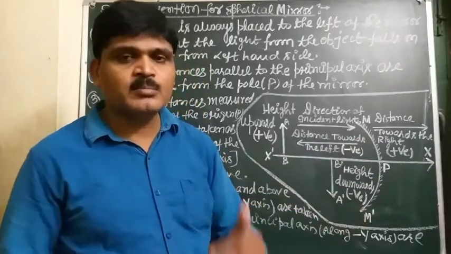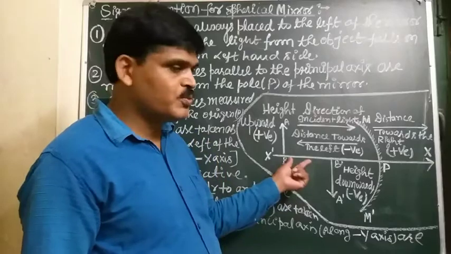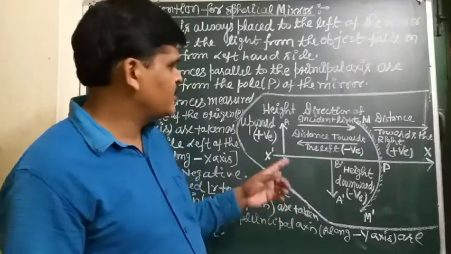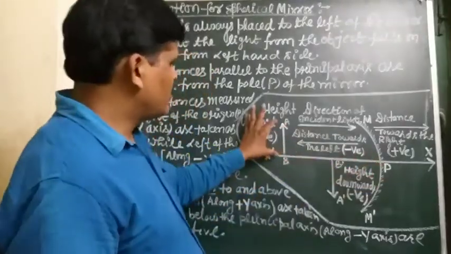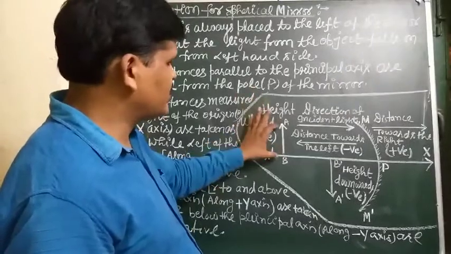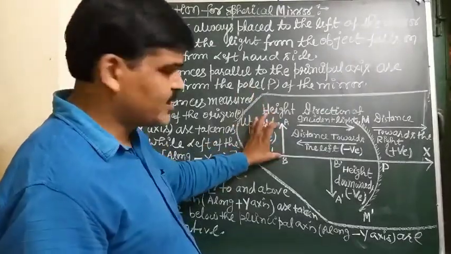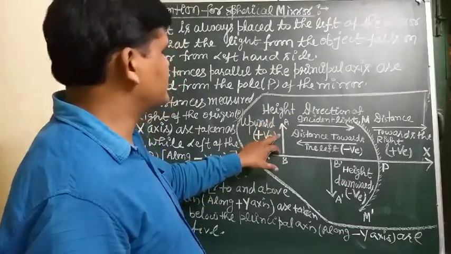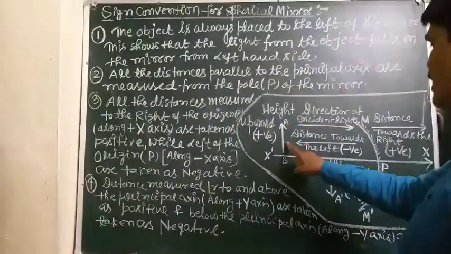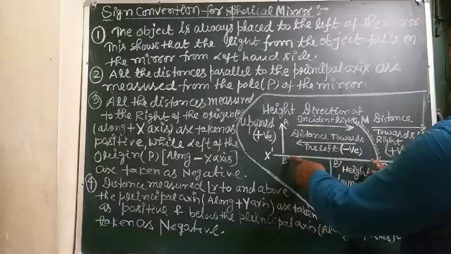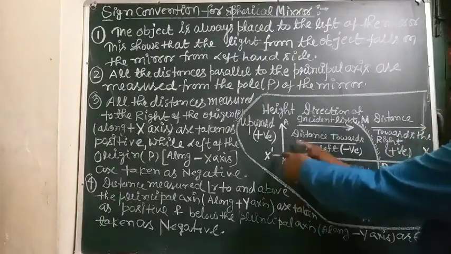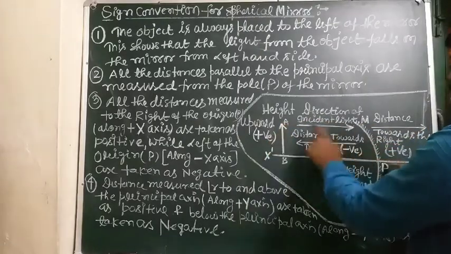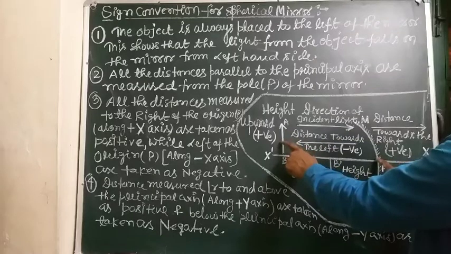The sign convention must be used, otherwise your numericals become incorrect. The first property of sign convention is that the object, this is AB, the object, is always placed to the left of the spherical mirror.